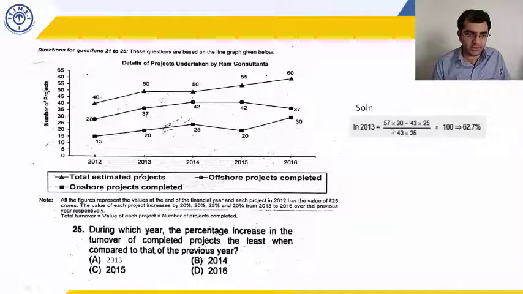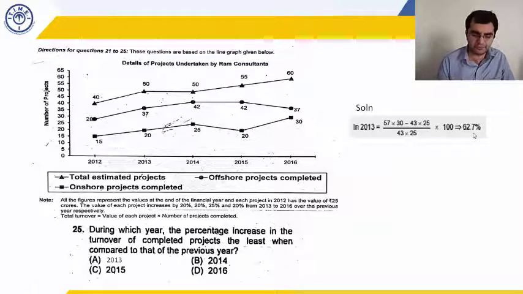So total turnover in 2013 will be 57 projects into 30 crores per project. And we want to compare it with 2012, where there were 28 plus 15 projects, 43 projects costing 25 crores each. Okay, so you subtract them, divide by 43 into 25 into 100, and you get 62.7%.